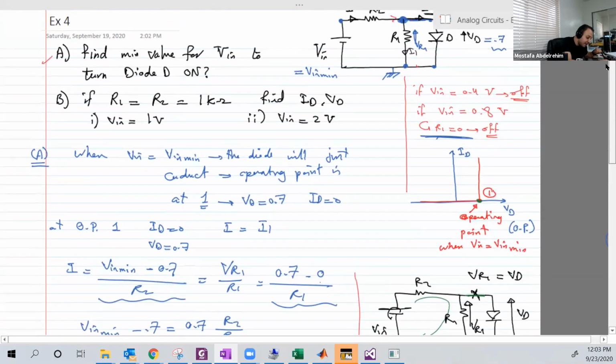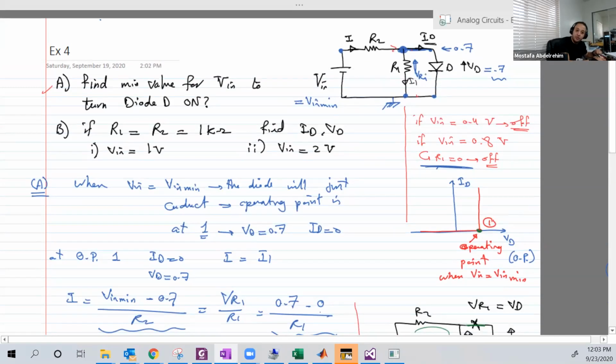So basically in the beginning, this guy is off. Assume that the input is coming from minus infinity until infinity, and it's changing. With all negative values, the diode is off.